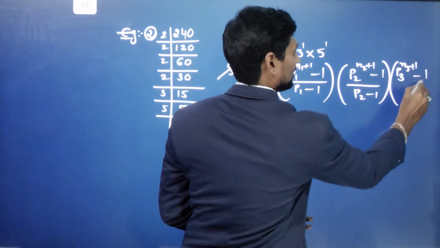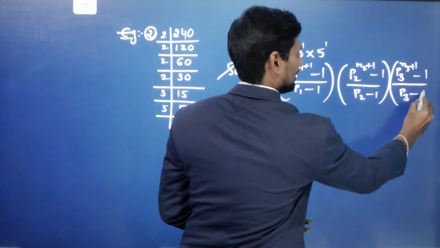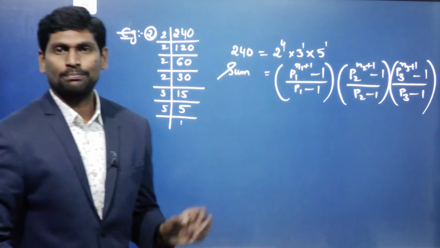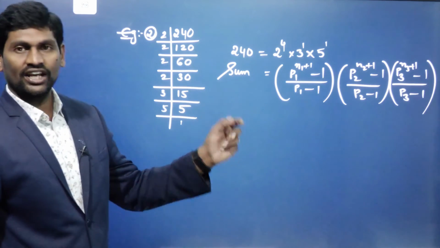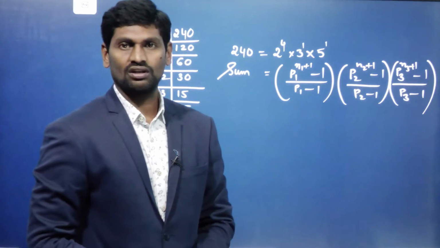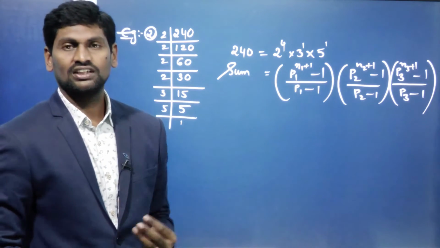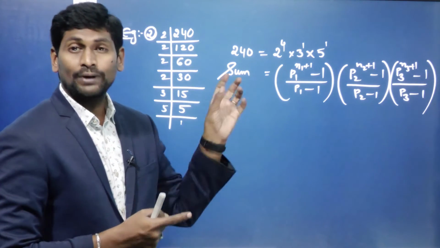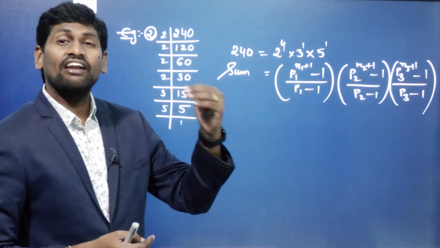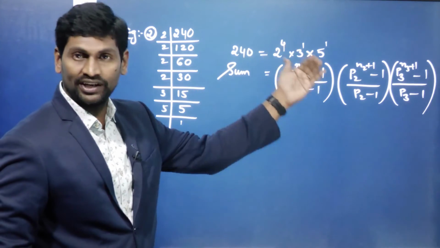Because there are 3 prime numbers present here, that's why I have taken up to 3 values. P1, P2, P3 are prime numbers respectively and N1, N2, N3 are their exponents.